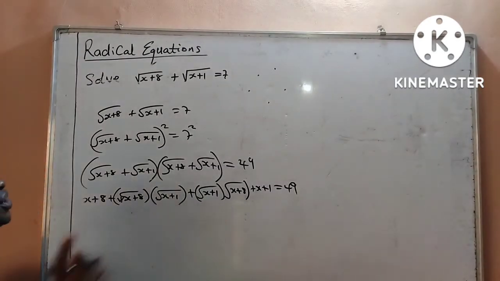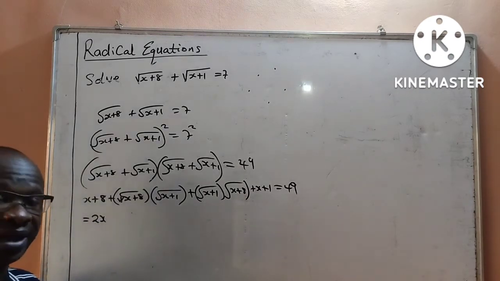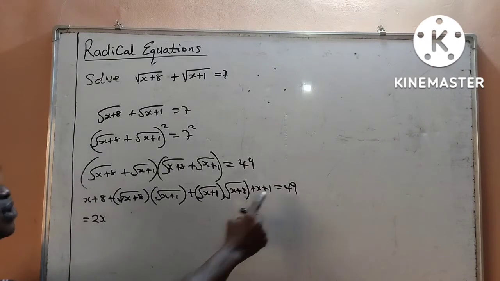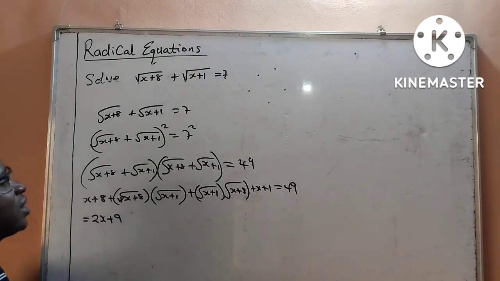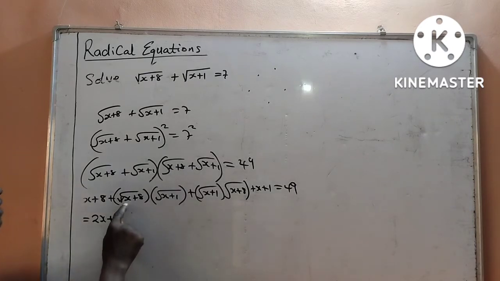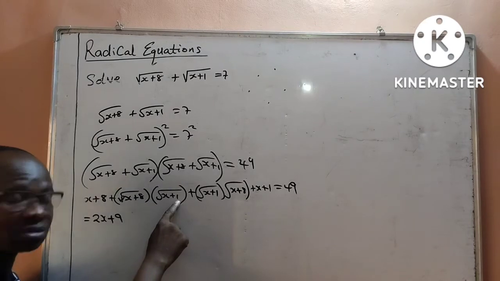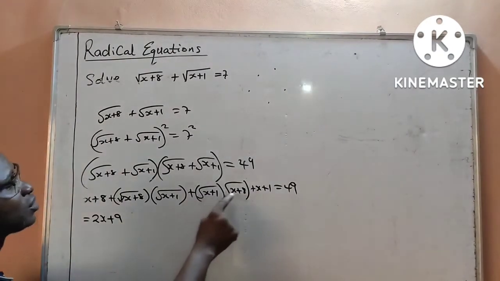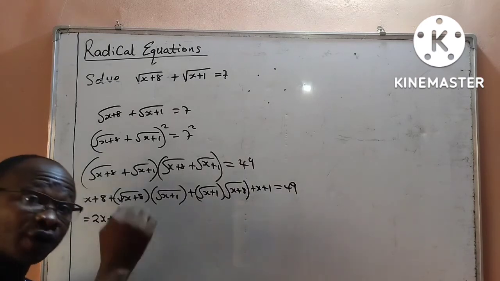Beautiful. So looking at it now, you can see with me, x is here, adding the 2, I will get 2x. I have 8 here, I have 1 here, adding the 2 of them, I will get 9. Alright, watch and see with me that here I have √(x+8) multiplying √(x+1). I also have √(x+8) multiplying √(x+1). So I have 2 of them here.